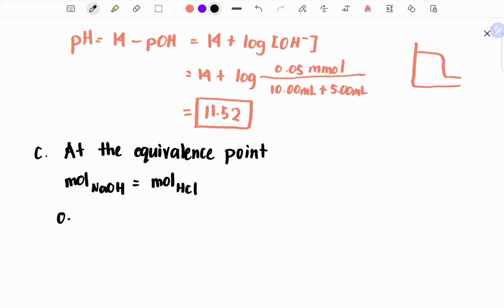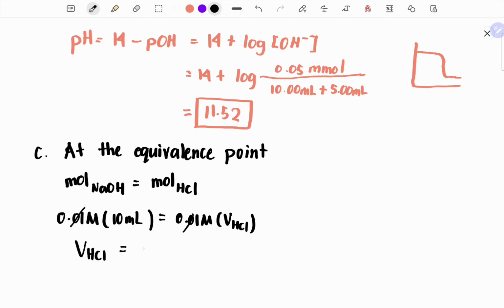So 0.01 molar, 10 ml, sorry, I'm getting ahead of myself, the volume of acid should easily show us that the equivalence point happens when 10 ml of hydrochloric acid is added.